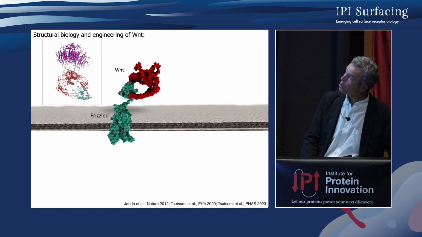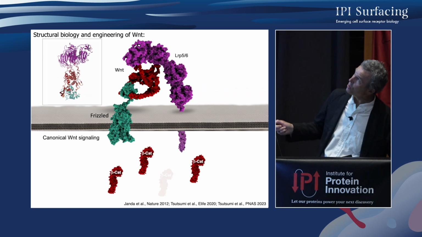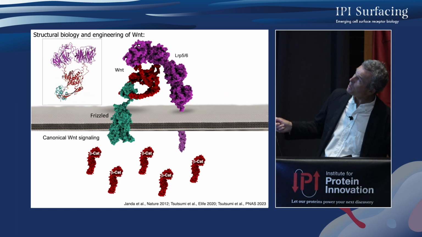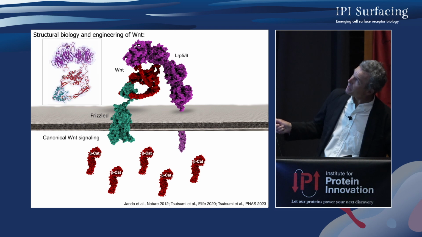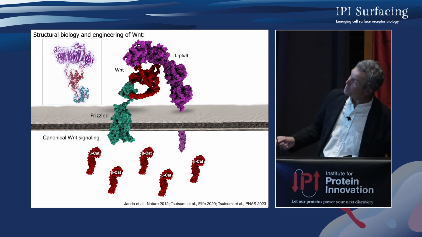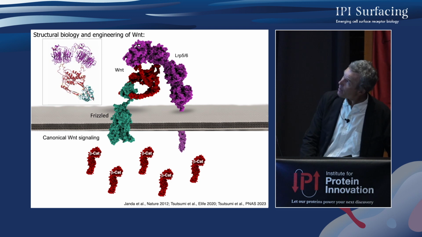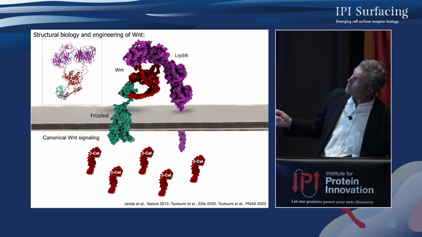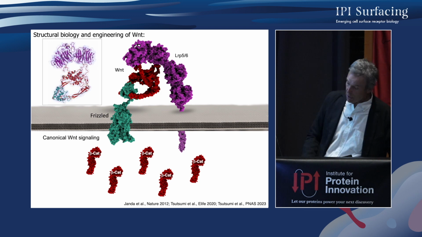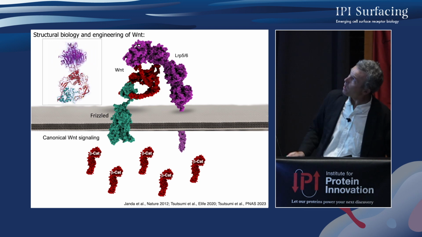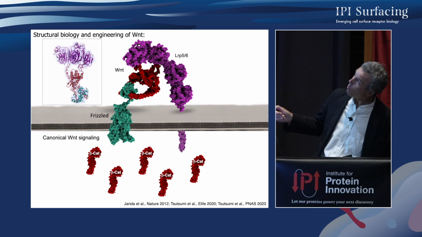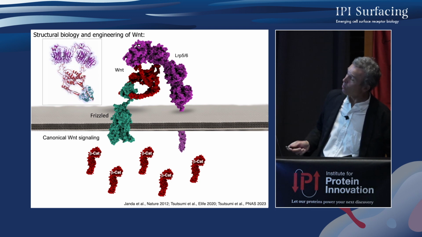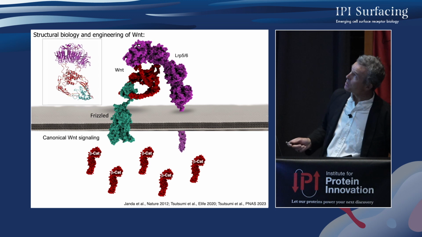And so we initially started off by solving the crystal structure of the Wnt frizzled CRD complex, and extended that to the full-length frizzled structure by cryo-EM more recently. And most recently, using protein engineering to enhance the affinity of Wnt for LRP, we managed to trap the ternary complex structure, which has now allowed us to start to piece together what the whole signaling complex looks like at the cell membrane.